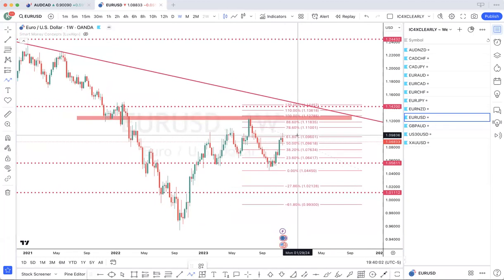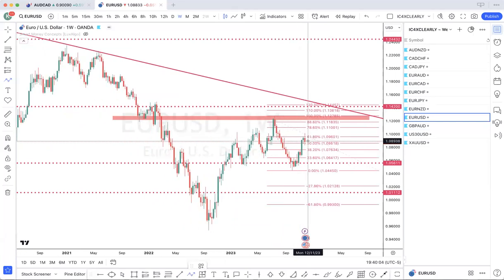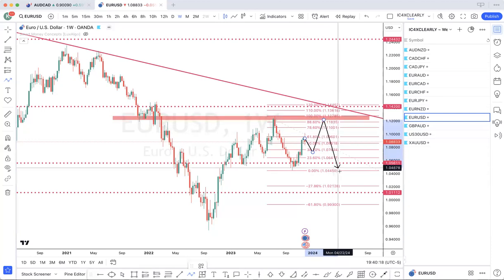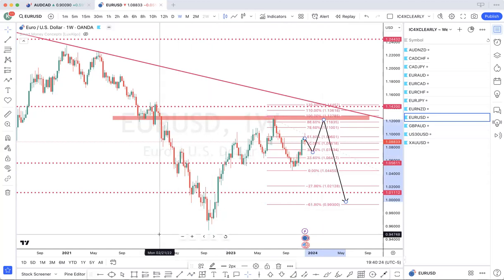So this was a weekly bearish order block. So this could either push down a little bit and then push back up here, push down into this order block to push up here and possibly sell down to the negative 61.